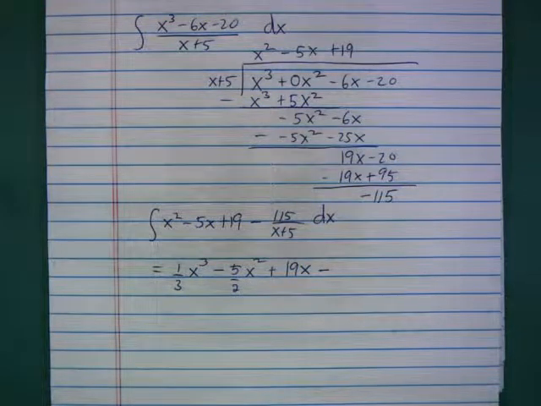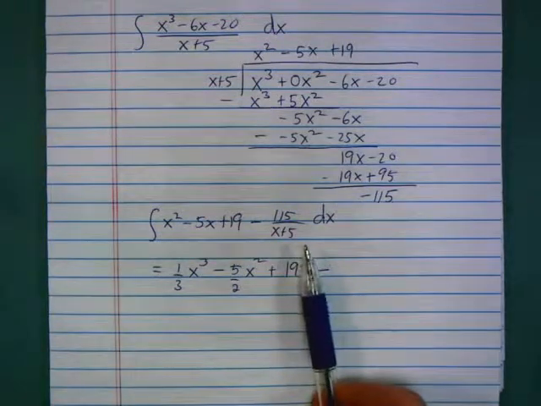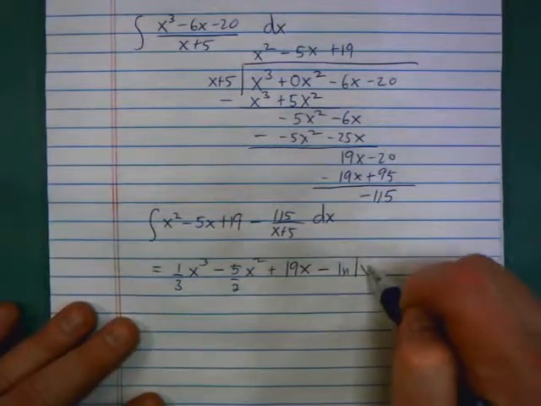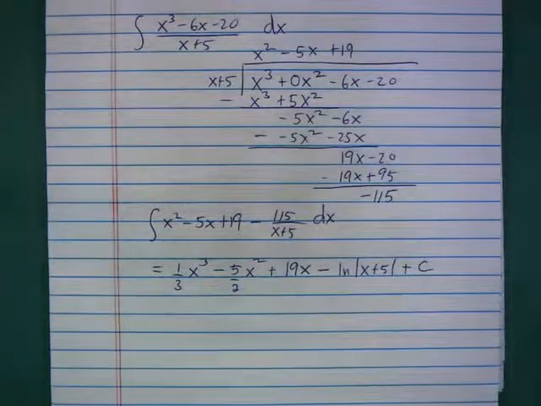It's really the exact same thing as I had on the previous page, except I think I had 35 on top instead of 115. But you're going to end up with ln absolute value of x plus 5. Let's see. So for that problem, with that x cubed, I think the long division technique is much, much easier than the back substitution sort of technique that you learned in Calc 1.